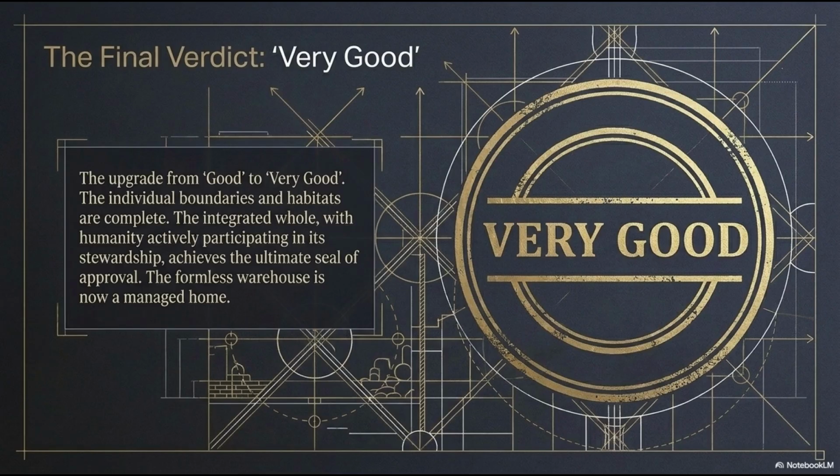We also examined the recurring rhythm of the phrase, "it was good," learning that goodness in this text denotes functional order, structure, and purpose. Right. And finally, we explored the narrative's climax, the creation of humanity. Set apart by a shift in language, humans are uniquely framed as the image bearers of the Creator, given a mandate not to exploit, but to steward and maintain a delicate, nonviolent, perfectly provisioned ecosystem. It is a breathtaking piece of ancient literary architecture, no matter how you approach it.